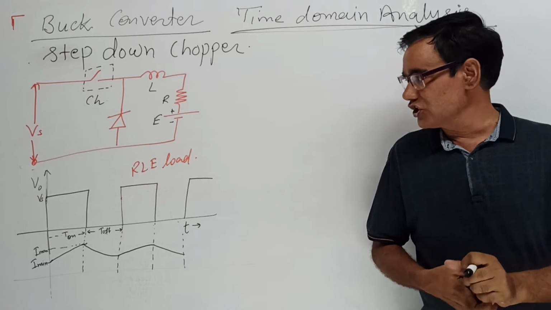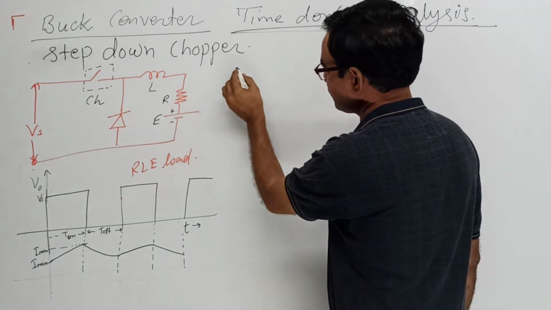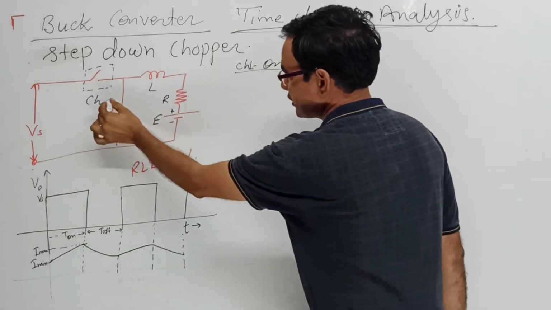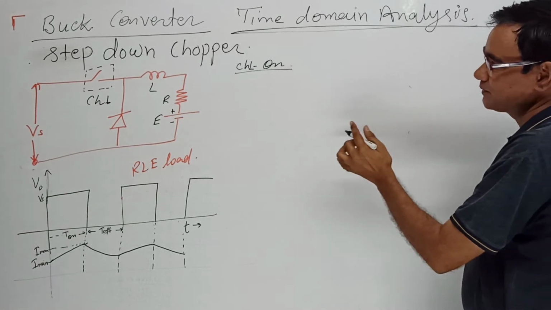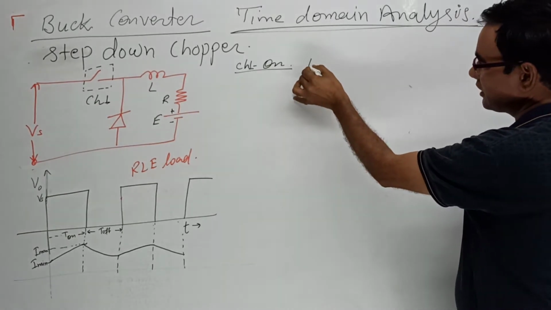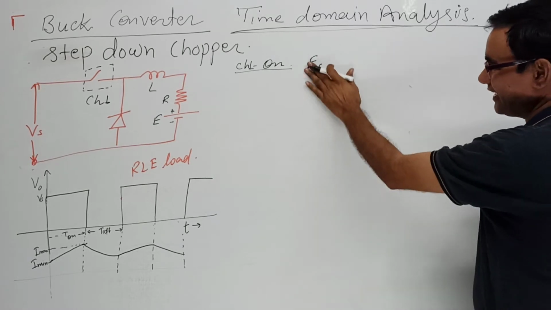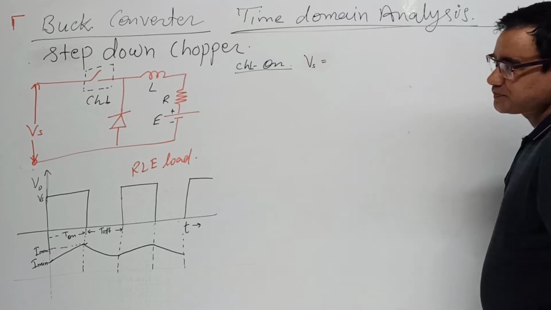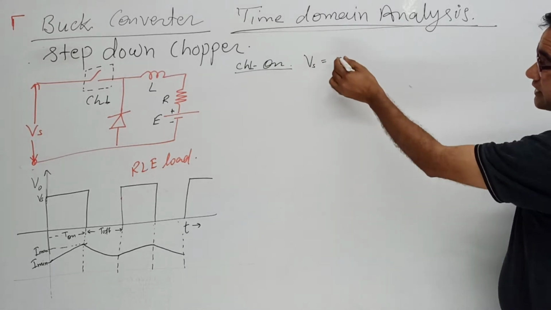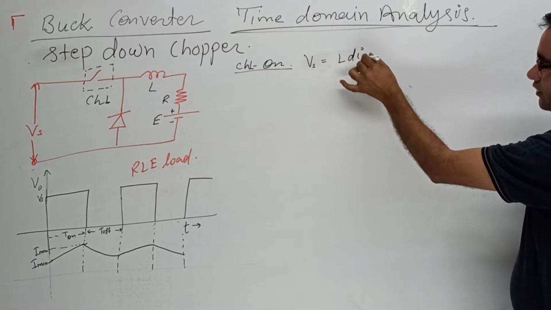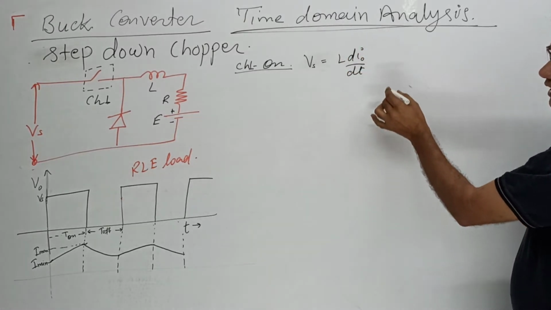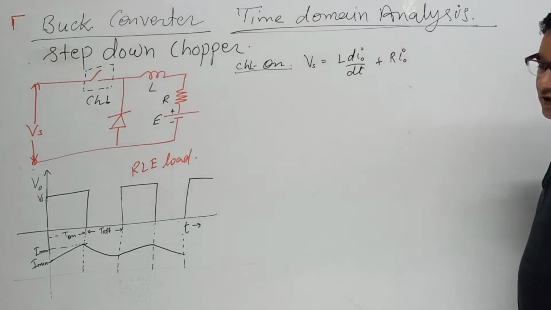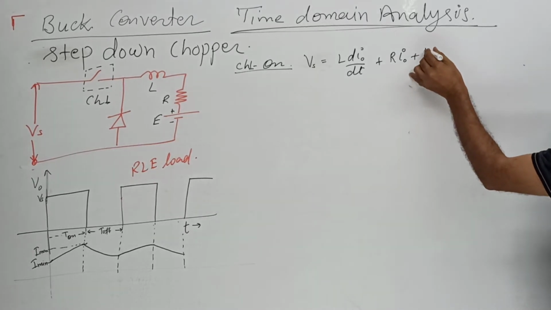So we are taking the equation. Firstly, when the switch CH1 is on, the equation is Vs, the source voltage, equals the voltage drop across the inductor, L di upon dt, plus the voltage drop across the resistance, R into I, plus the back EMF.